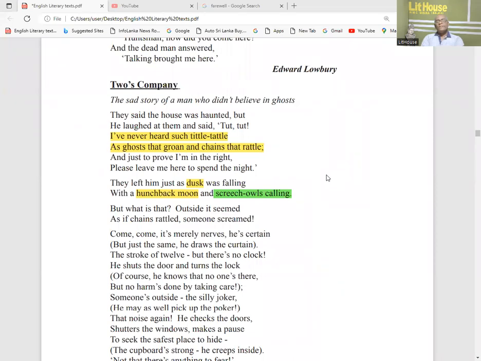These images generally create fear in the heart of the people who believe in ghosts.